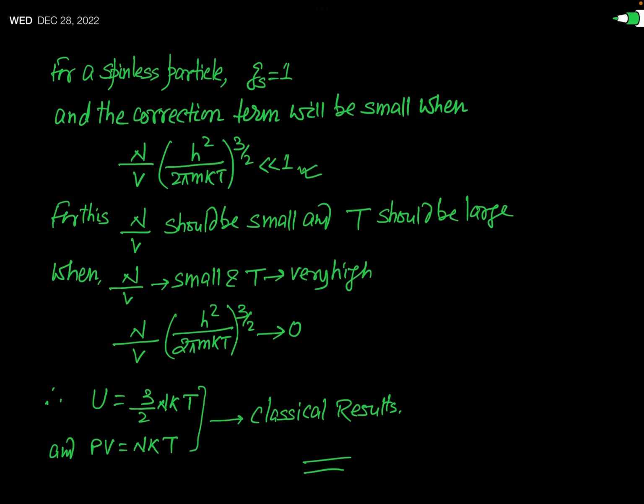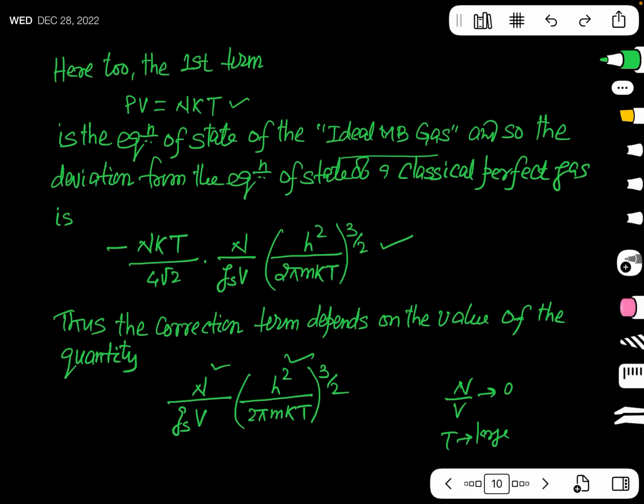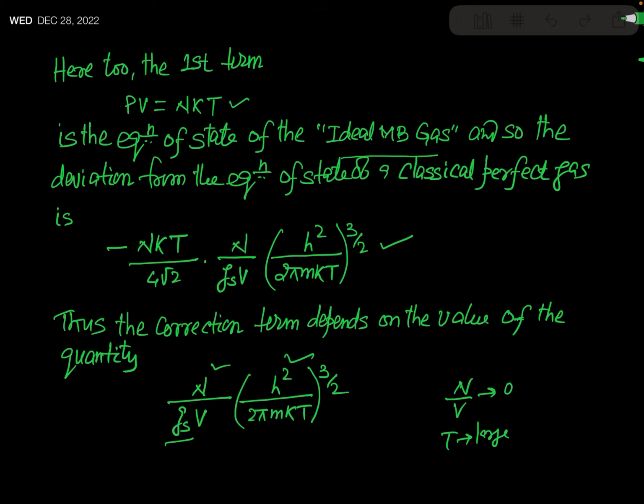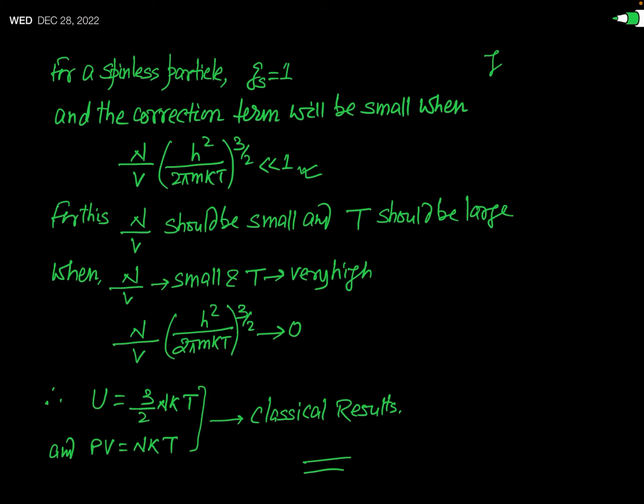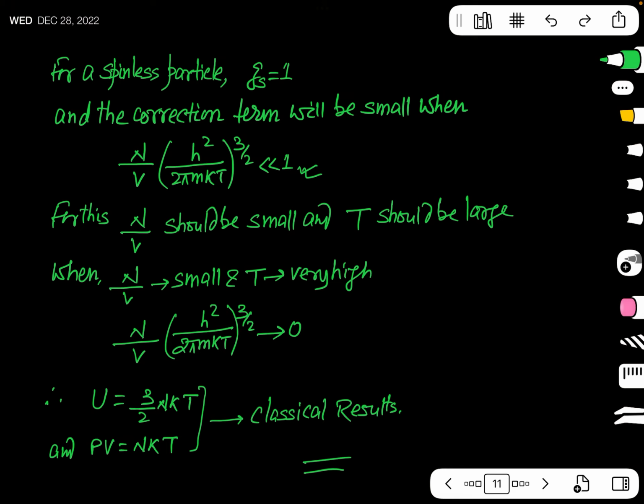Actually, here I have taken gs equal to 1. Can you say what gs equal to 1 means? gs, which is the spin degeneracy, is equal to 2s plus 1.